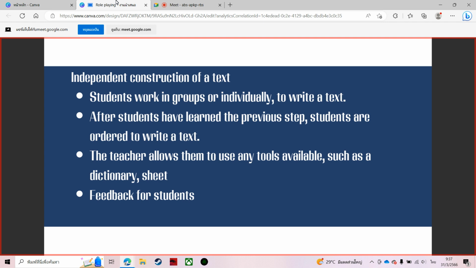And when they do tests in the future or apply to university, the vocabulary they used at that time will help them. And the last one is feedback for the students.